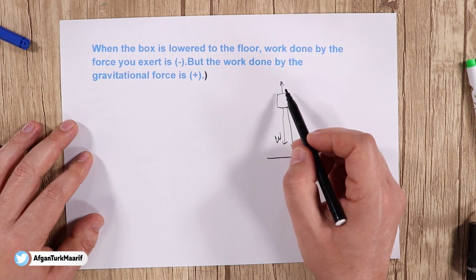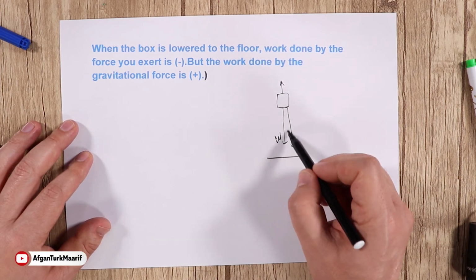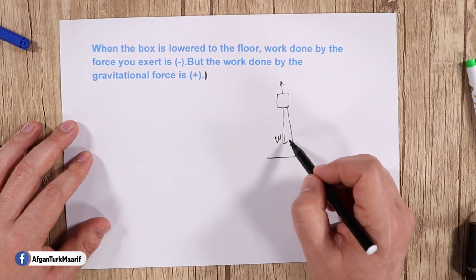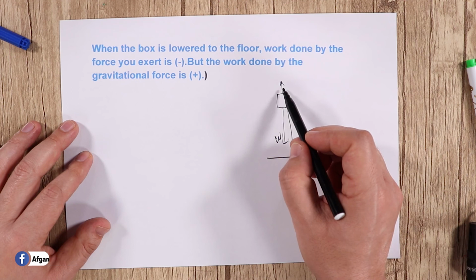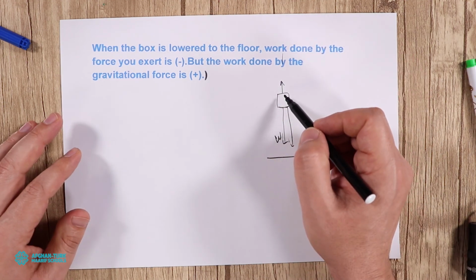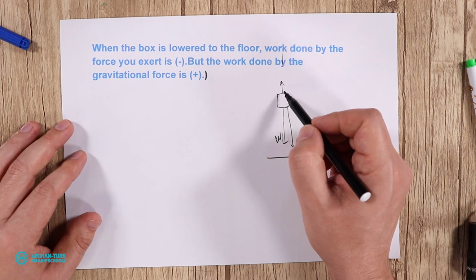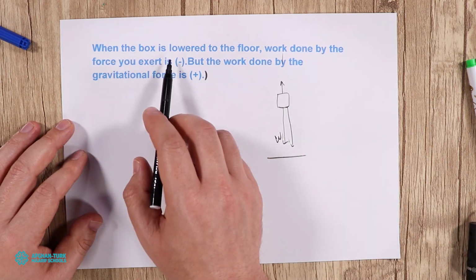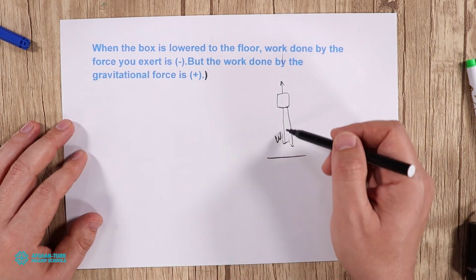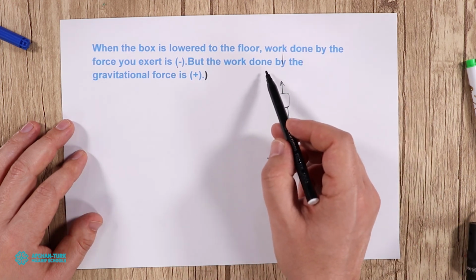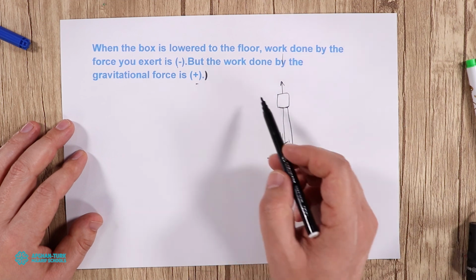The weight or gravitational force and the displacement are in the same direction, so the work done by gravity is positive, because both are in the same direction. The applied force is in the opposite direction and is not enough to hold the object, so it is negative. When the box is lowered to the floor, work done by the force is negative but work done by the gravitational force is positive.